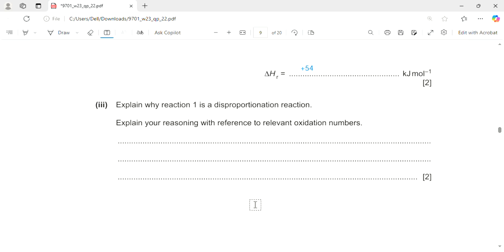Explain why reaction 1 is a disproportionation reaction. Explain your reasoning with reference to relevant oxidation numbers.